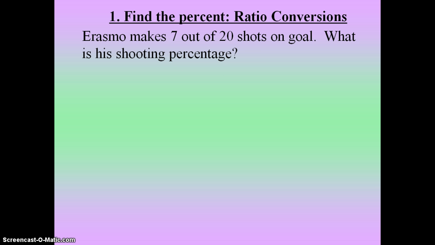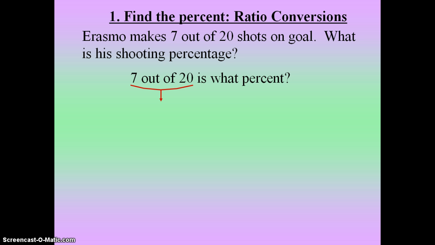Number 2, let's say that E makes 7 out of 20 shots. What is his shooting percentage? This is the same as saying, what if you got 7 out of 20 questions on a test? What is your test percentage? So 7 out of 20 is what percent?